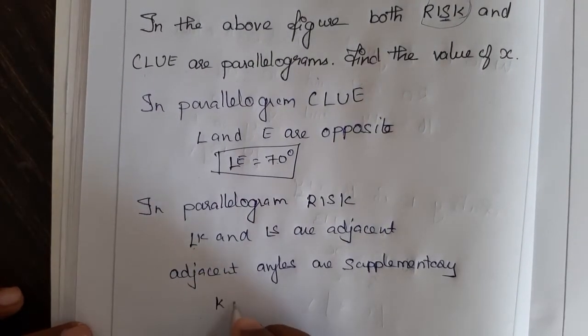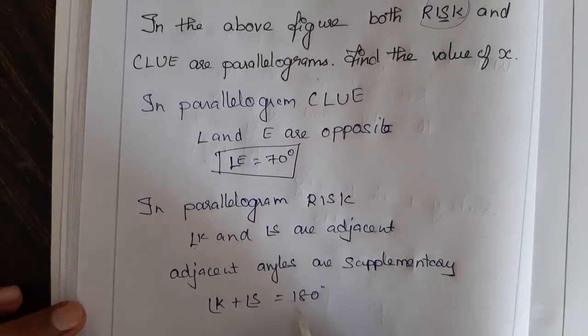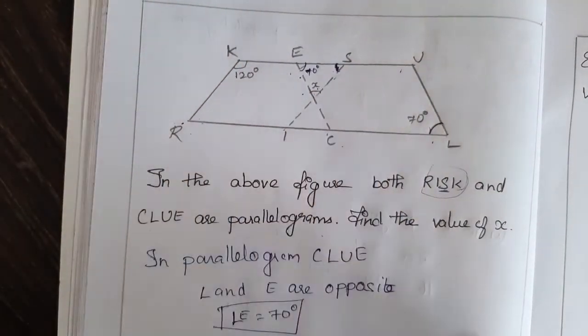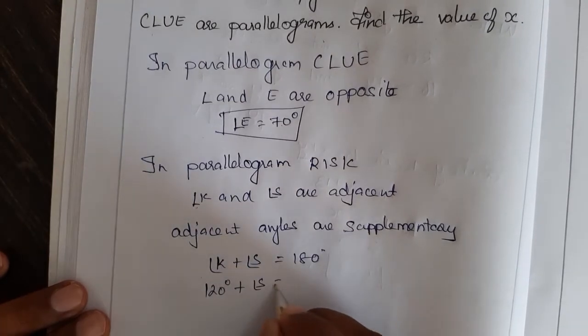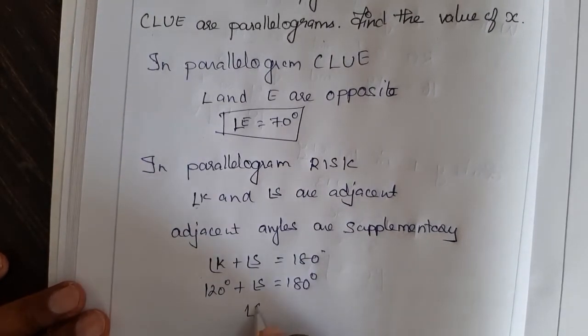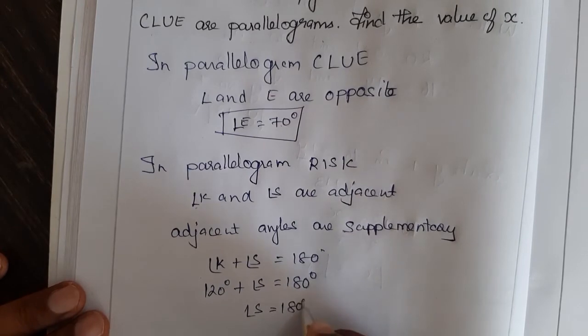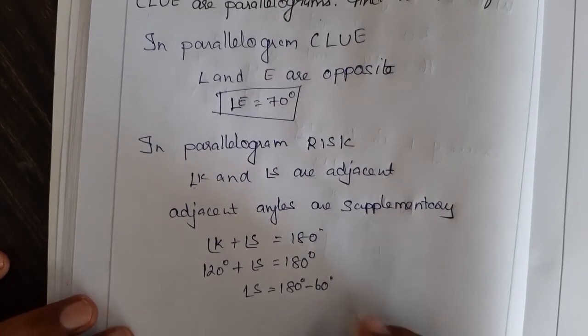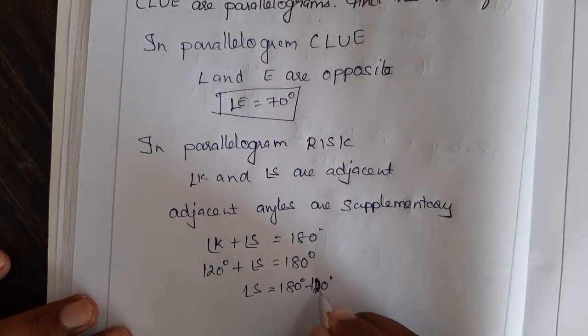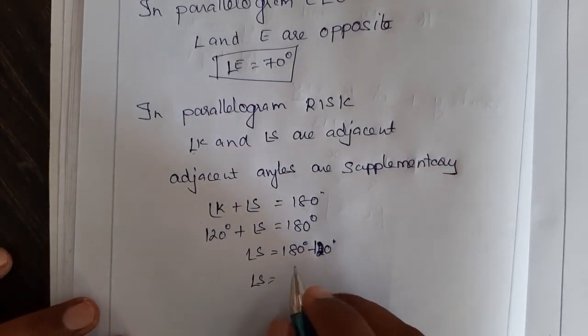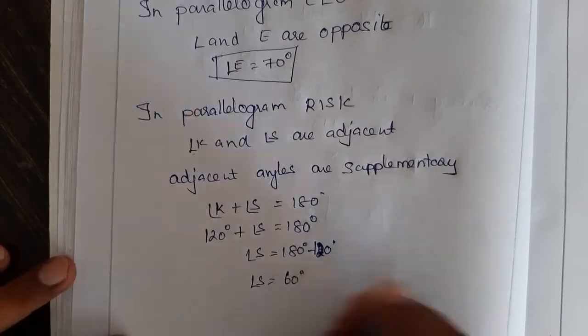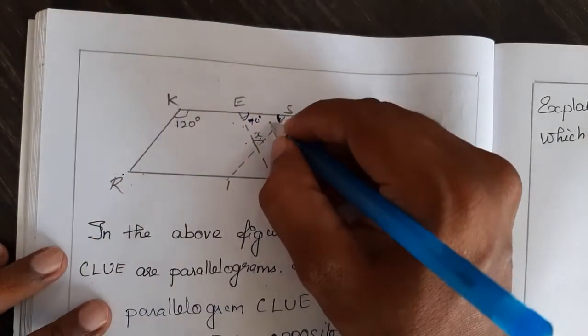So angle K plus angle S should be 180 degrees. It's given angle K is 120 degrees. So 120 degrees plus angle S is equal to 180 degrees. Then angle S is equal to 180 minus 120, which is 60 degrees. So we got this is also 60 degrees.